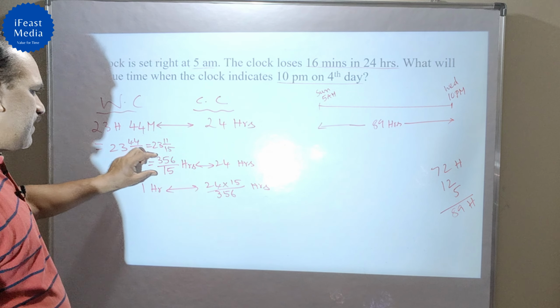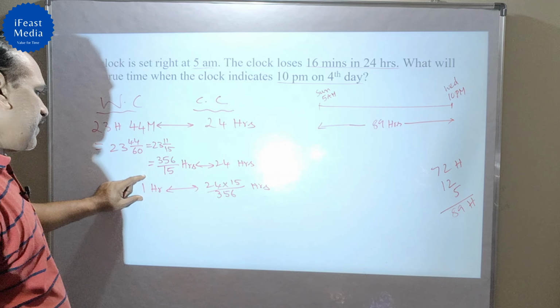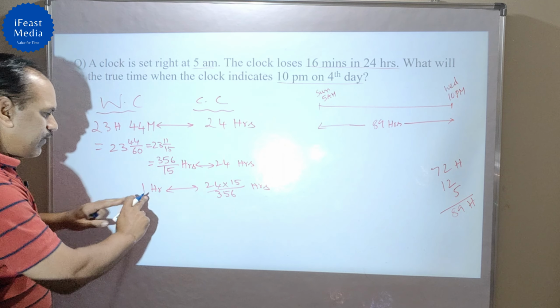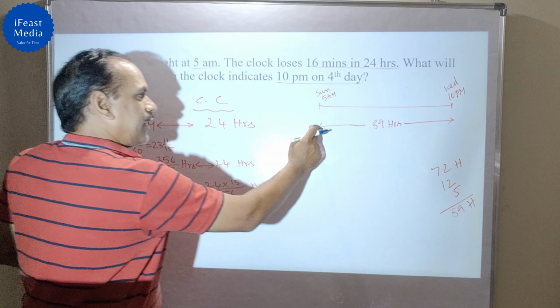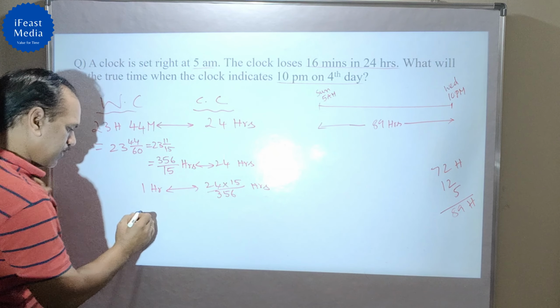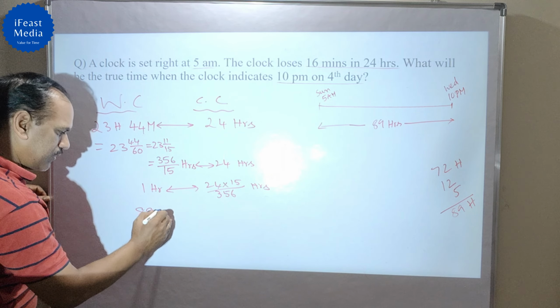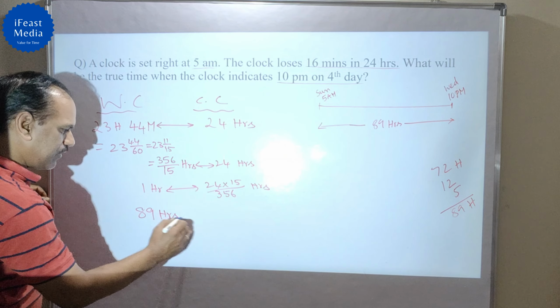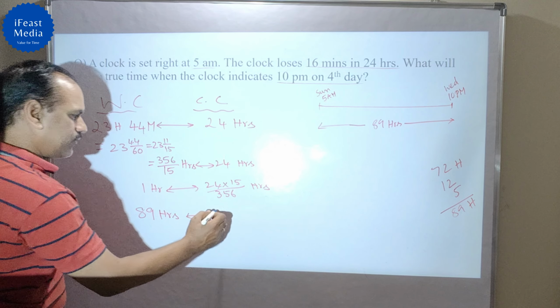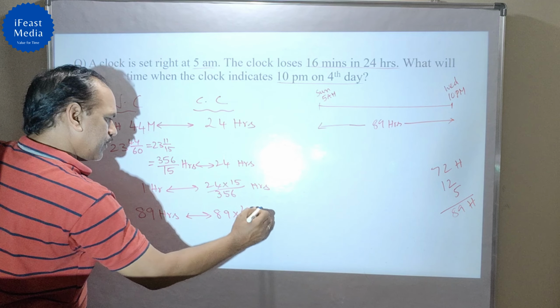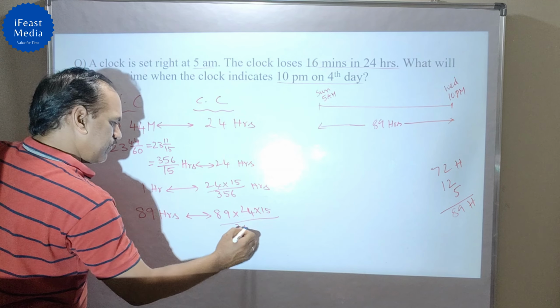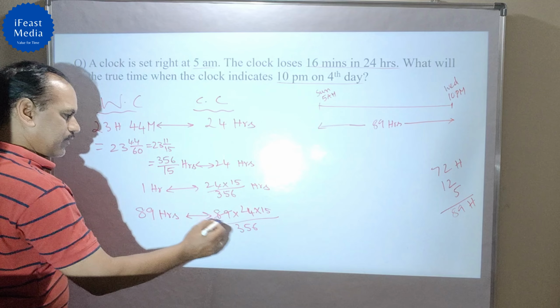You just multiply both sides by 15 by 356, you will get 1 hour here. Right? Now 1 hour in the wrong clock is equal to this. Then what is 89 hours duration in this wrong clock? It is 89 hours in the wrong clock is equivalent to 89 into 24 into 15 by 356.